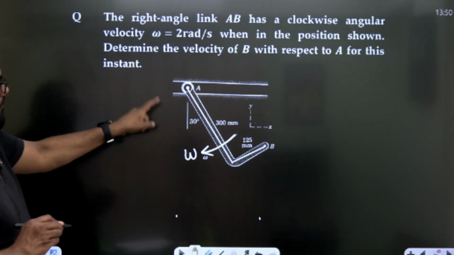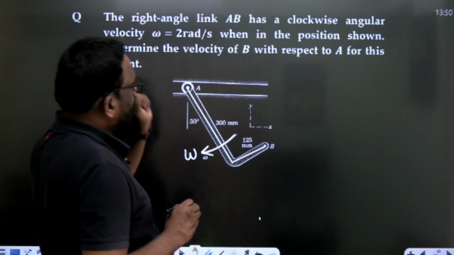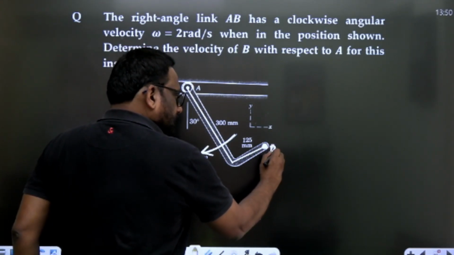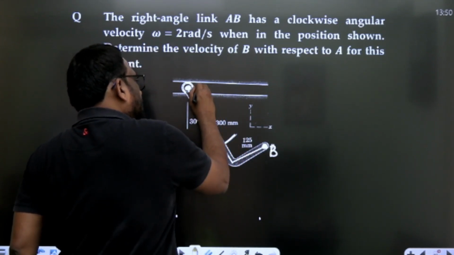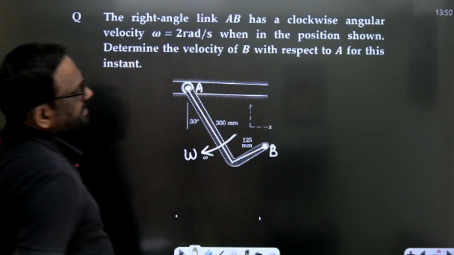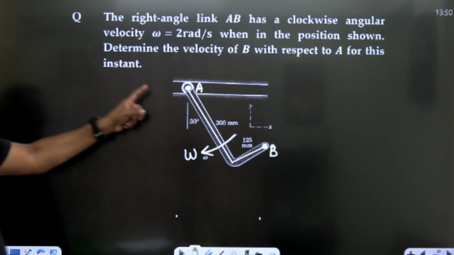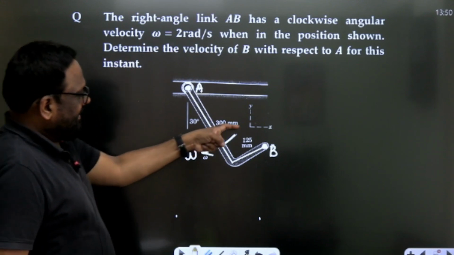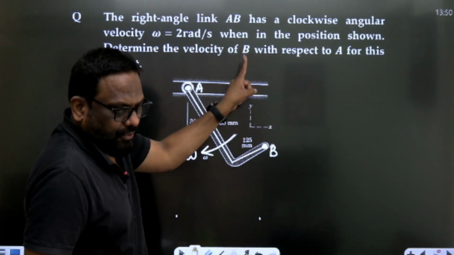When in the position shown, determine the velocity of B with respect to A at this instant. And clearly given, this is the positive x-axis, this is the positive y-axis.